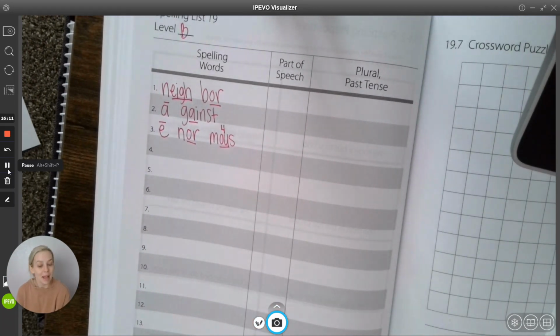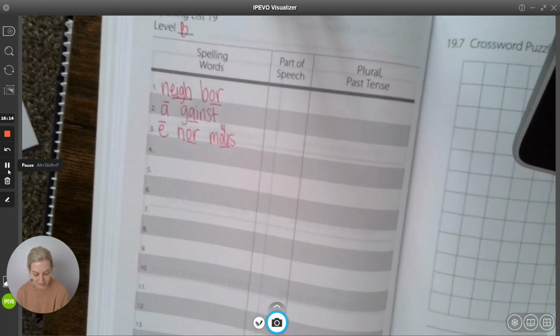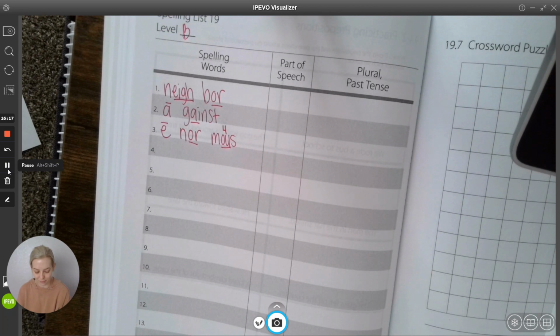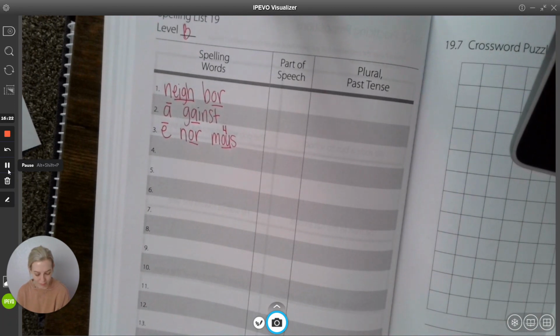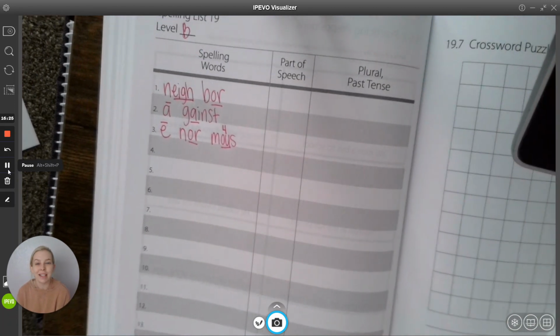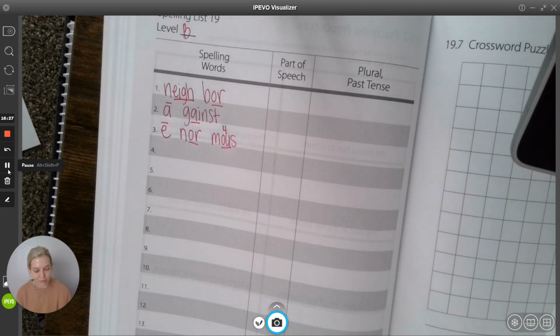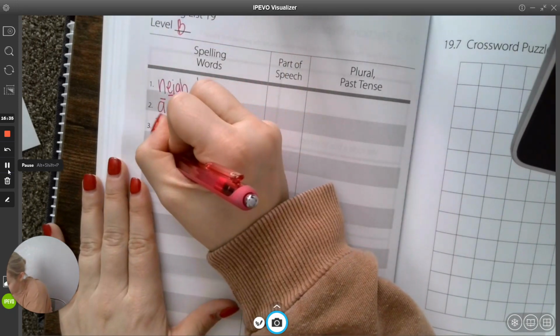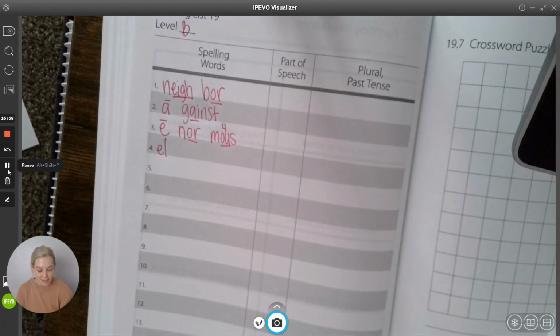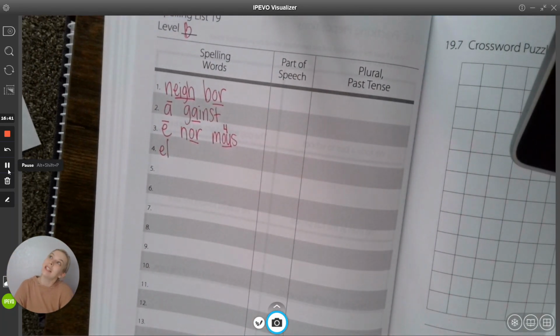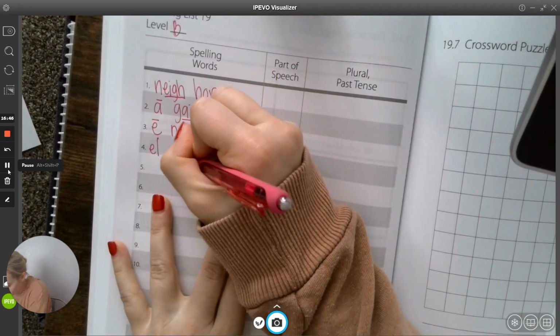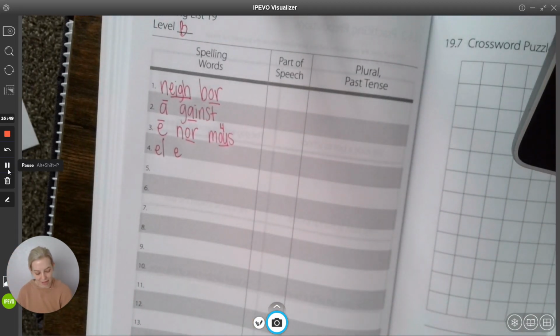Number 4, elephant. Elephant. The elephant is spraying water. 3 syllables in elephant. Sound out the first one, L, O, finger spell, O. Second syllable is E, sound it out, E, finger spell, E. Third syllable is fant.